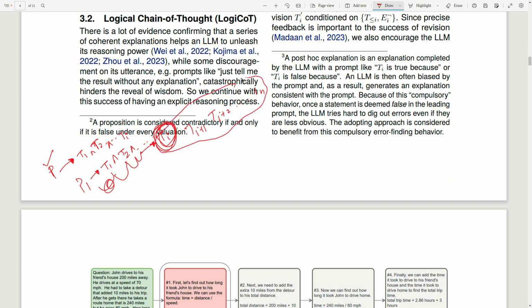We cannot rely on these thoughts in the chain to get a better result.